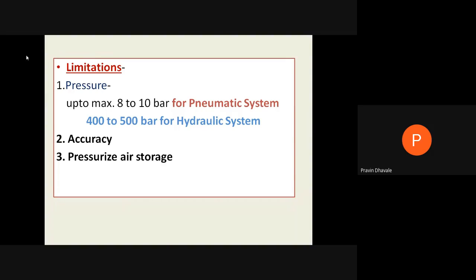Pneumatic system मध्ये वर्किंग मीडियम जरी एअर असली तर हे अंडर प्रेशर आपण यूज करत असतो. त्याच्यामुळे जी काही प्रेशरायझड एअर आहे ही आपण एखाद्या रिझर्वायर मध्ये स्टोअर करतो. जरी सिस्टीम वरती कुठलं ऑपरेशन आपण परफॉर्म करू किंवा न करू, म्हणजे सिस्टीम इज अंडर लोड. When system under the loading condition at that time, or system under no load condition at that time also, we must store the compressed air in a reservoir. These are the limitations. Write down these limitations.